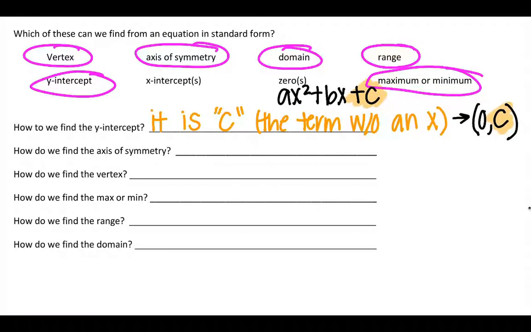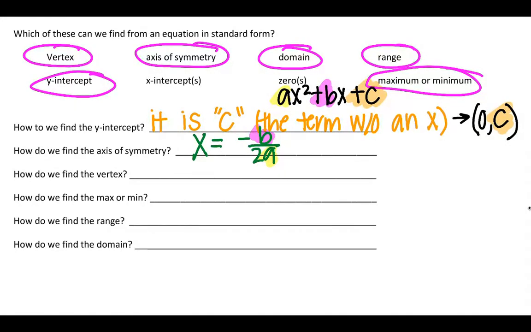Okay? Axis of symmetry. You use this formula, x equals negative b over 2a. That's how you're going to find it. And again, you're using your a from standard form and your b from your standard form.